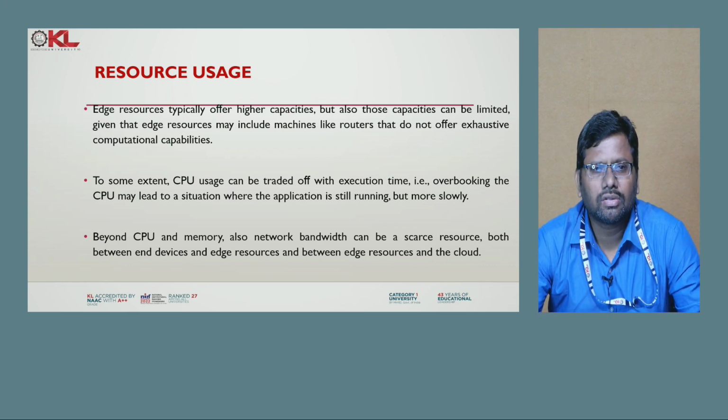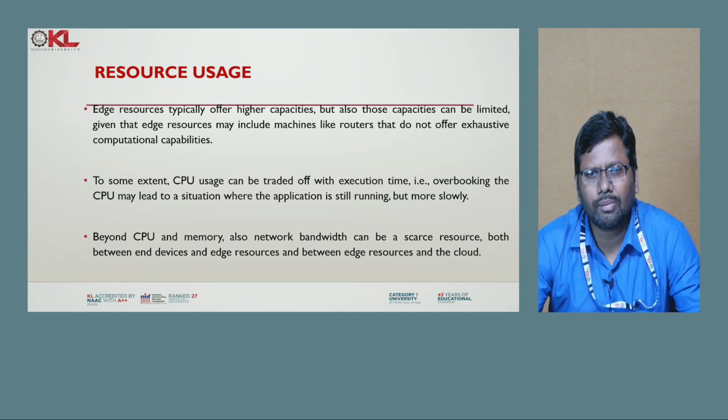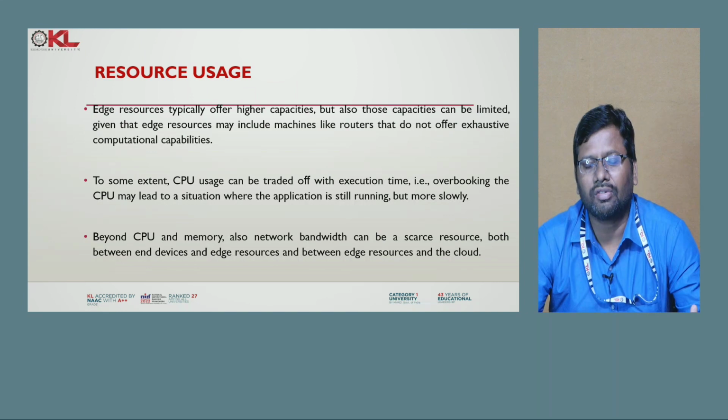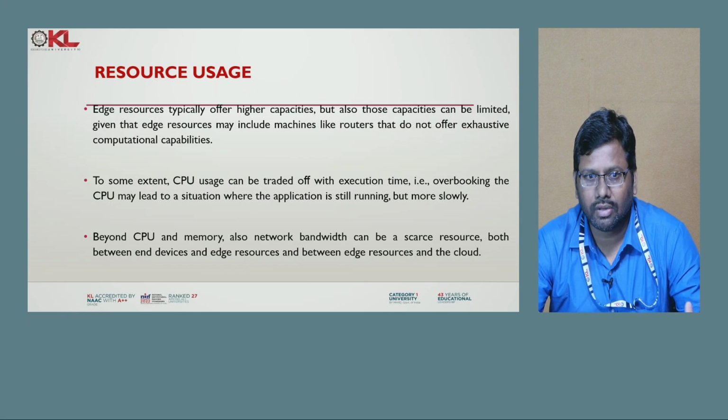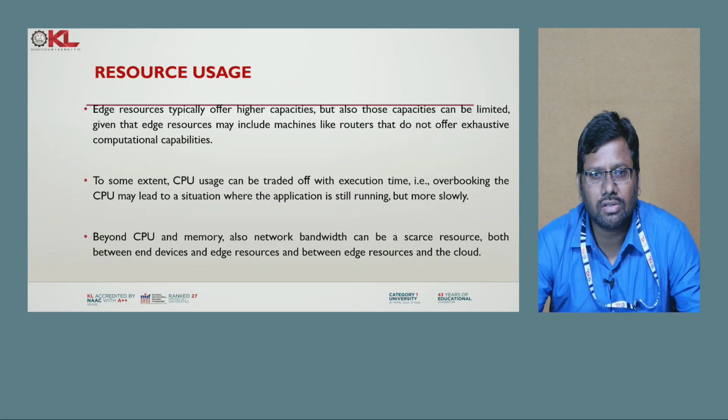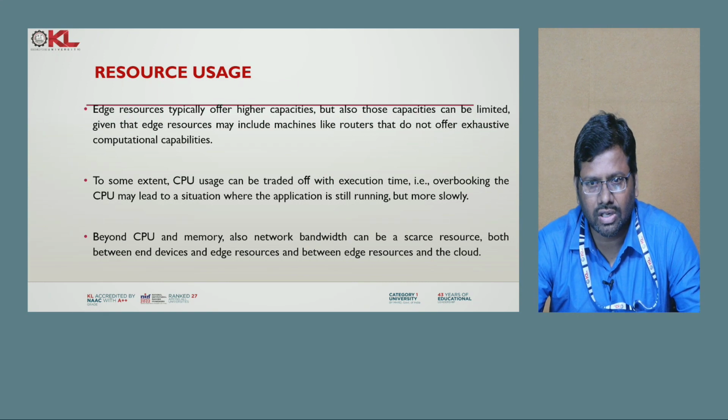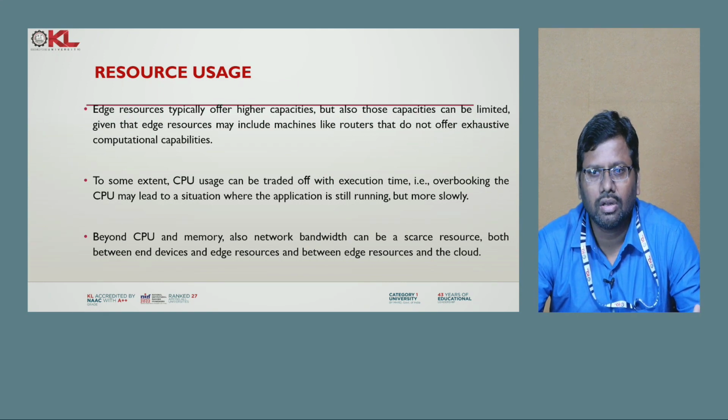When we are running a complex application, we can observe high capacity outputs, but those capacities can also be limited, in the sense that we could fix a time bound. We could fix a certain efficiency, to get the output within the first slot or within the second slot, like that. Edge resources may include machines like routers that do not offer exhaustive computational capabilities.